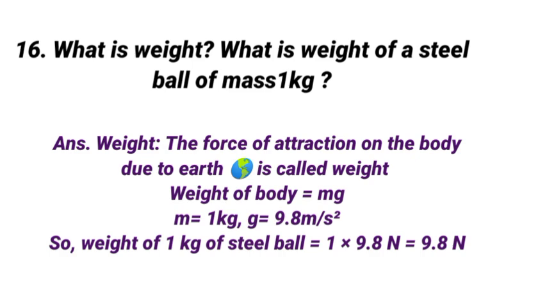Here mass is 1 kg and acceleration due to gravity is 9.8 meter per second square. So the weight of the 1 kg steel ball is 1 into 9.8 Newton, that is 9.8 Newton.